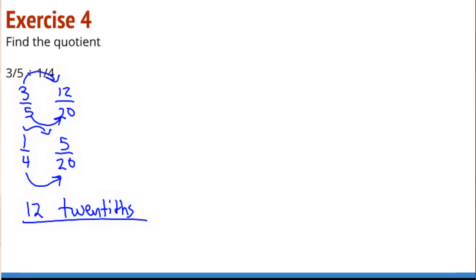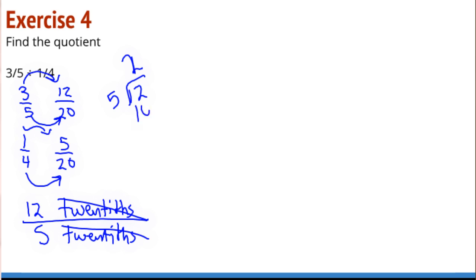And I'm dividing that by 5 20ths. I keep thinking there probably needs to be an E in there, but they're going to cancel out anyway. And that leaves me with 12 divided by 5. Oh, there'll be 2 5s. So that leaves me with 2 and 2/5.